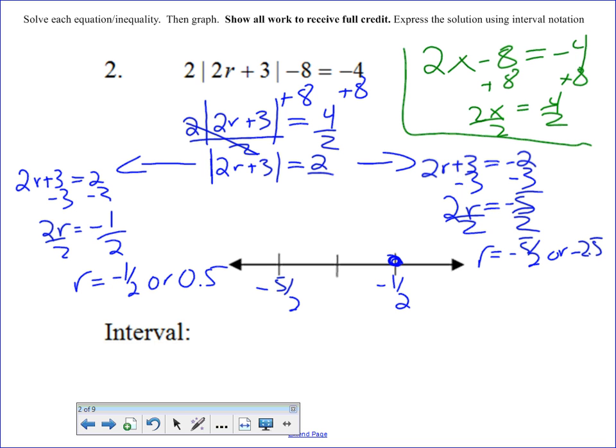Now there's no shading because this is not less than or greater than, it's just equal. So the interval is not really correct, it's a set. And the set of numbers is negative 5/2, comma 1/2. Once again, it's not an interval, it's a solution set.